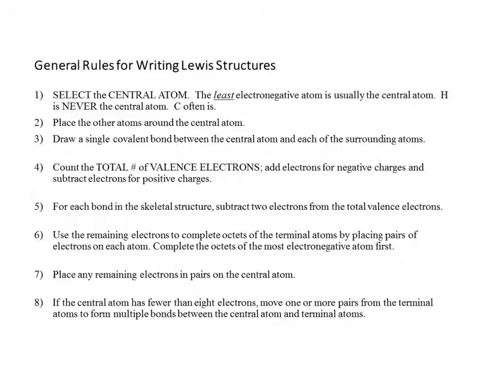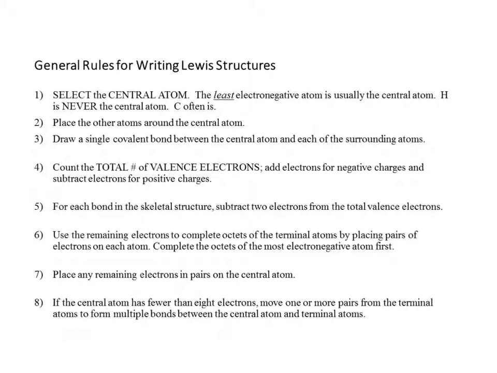And if the central atom has fewer than the number of electrons it needs to complete its octet, then you're going to move some of the electrons off the octets on the outside atoms into the region for the center atom. You're going to share those. So we create double bonds and triple bonds and things like that. And I'll show you how to do that in a few minutes.